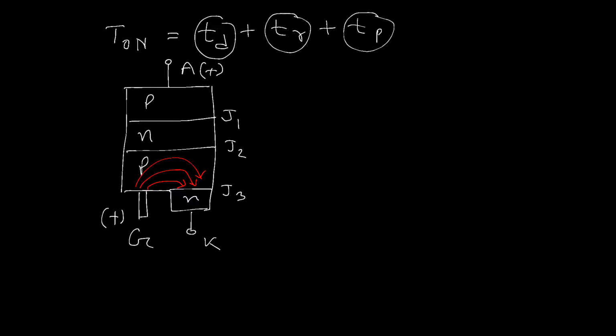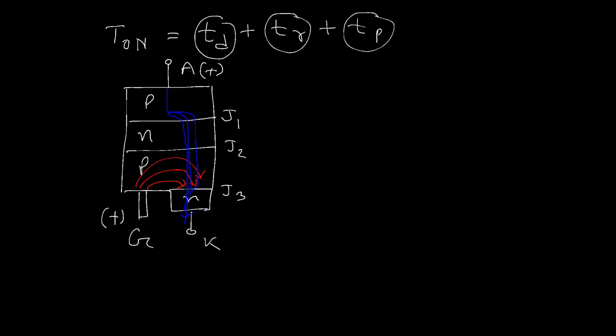As the gate current begins to flow from gate to cathode, gate current has non-uniform distribution due to P layer. The value is maximum near the gate and decreases rapidly as the distance from the gate increases. At this situation, when the anode current starts flowing in this way, it covers the narrow region near the gate where the gate current density is highest.